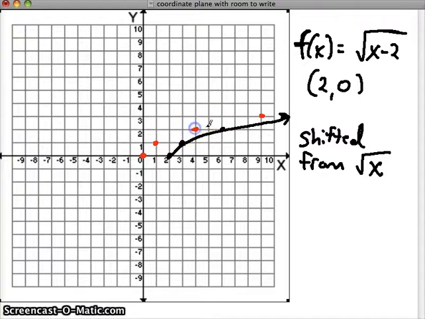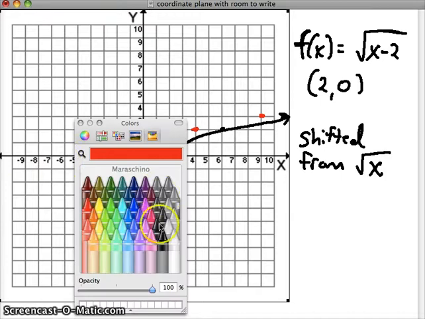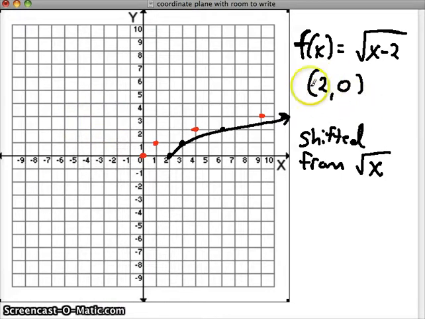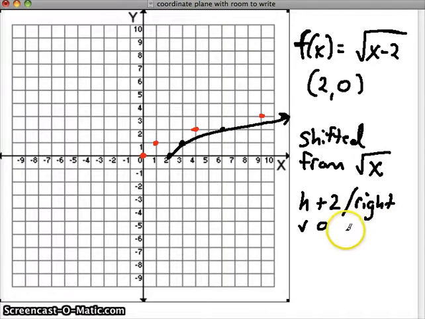So as we can see here, all of our points have the exact same shift, and the shift is in your h value and your k value. So this is a horizontal shift of +2, and it's a vertical shift of nothing. Doesn't get shifted. So we move to the right. Right 2 units would be another way to describe this.